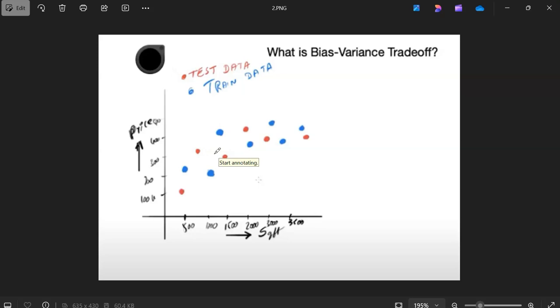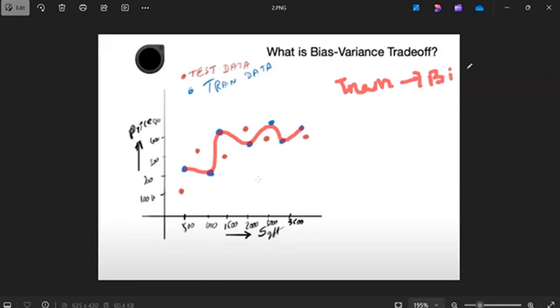How do we build the model? Train the model or test the model? So when we train the model, are we connecting the data with the training points or not? Answer me yes or no. Because we train the model, we don't test the model. So when we train the model, let me tell you, training always refers to bias.